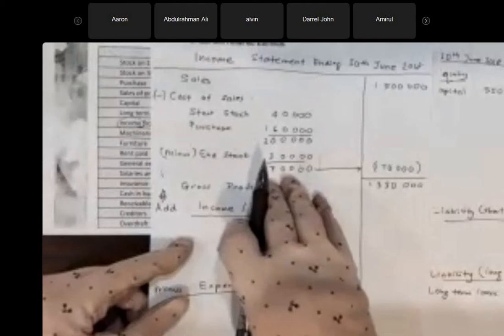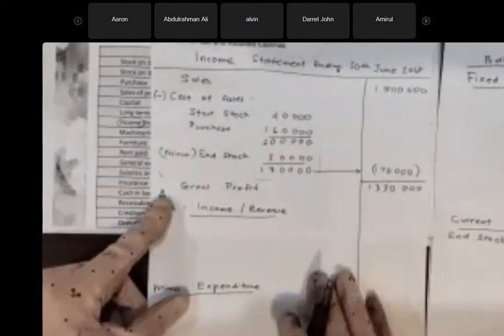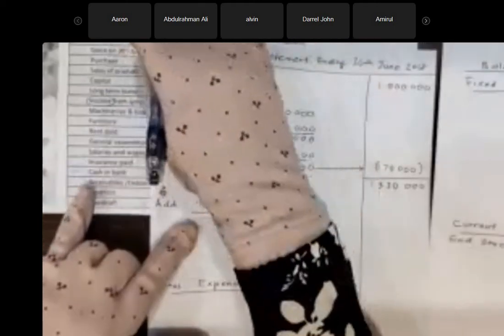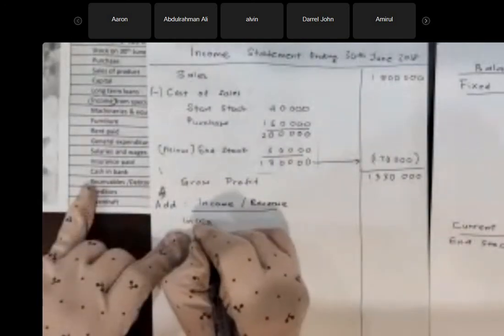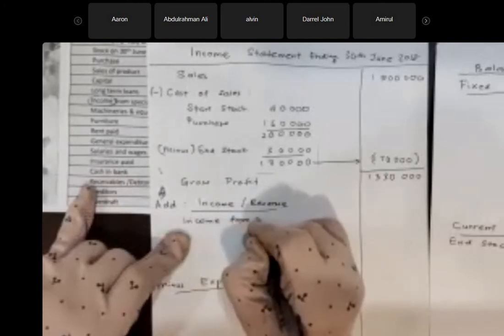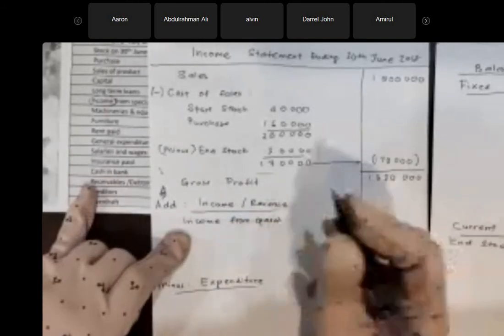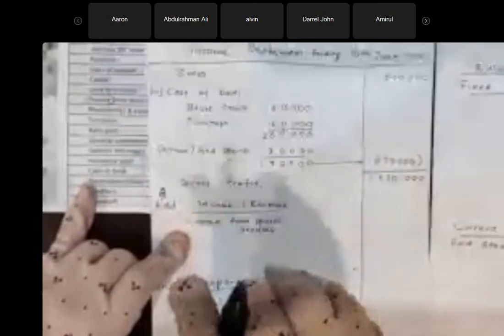So I will go to this part, income statement. Income statement, it is under income or revenue. Income from special services. 500,000.